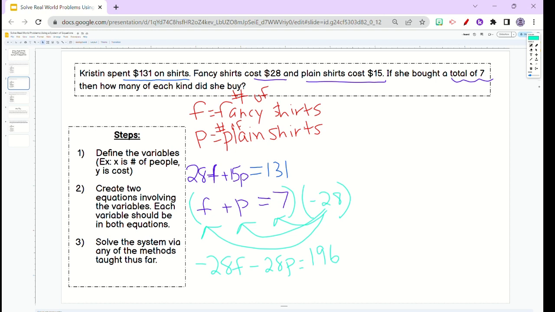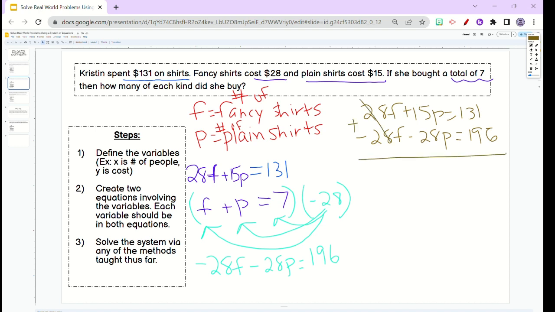All right, and now let me rewrite the two equations that I'm going to work with. We are going to use 28F plus 15P is equal to 131, and negative 28F minus 28P is equal to 196. All right. These cancel out.